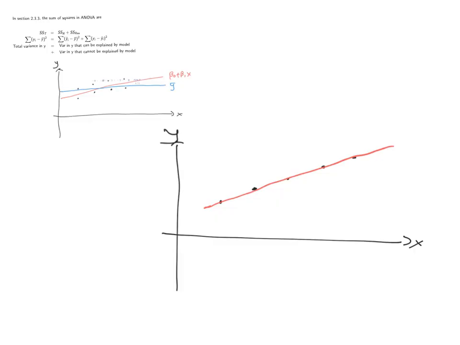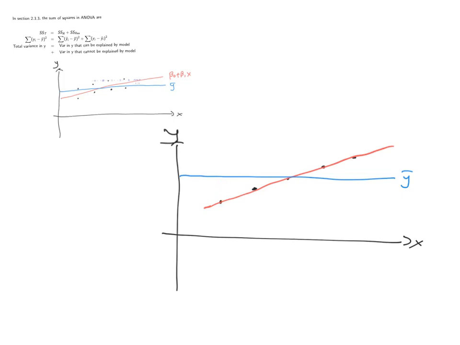The other thing I need to add is the average value, y bar. If you look at this situation, the distance between the black data point and the blue line is the same as the distance of my fitted value from the blue line.